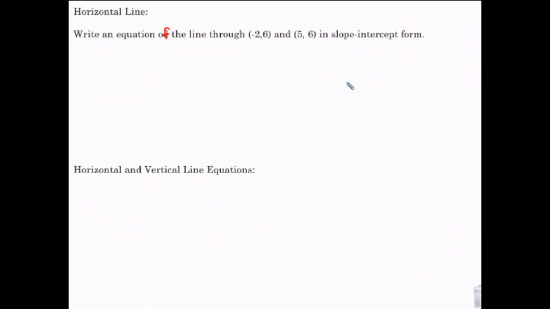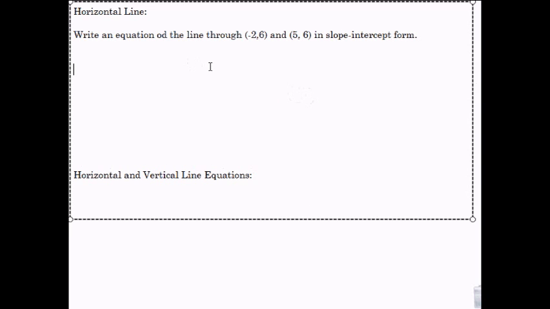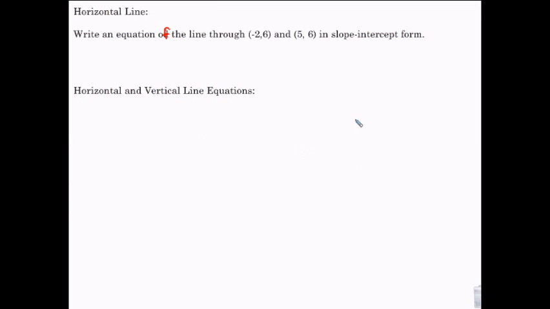All right, I'm just going to skip this part up here, and I'm just going to tell you about the horizontal and vertical line equations. Horizontal lines are flat, right? And they cross the y-axis because they go this way.